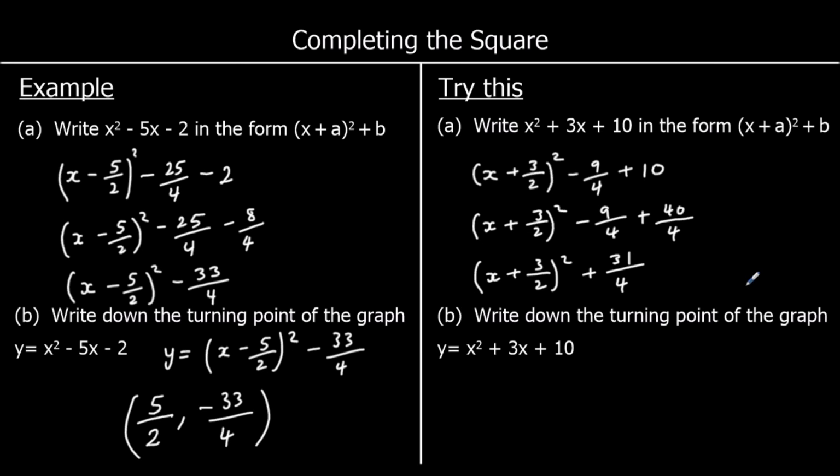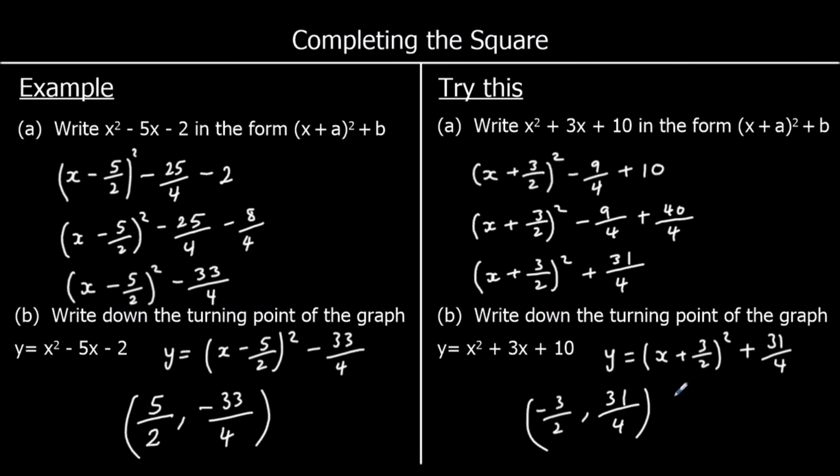And what's the turning point? So if y is x plus 3 over 2 squared plus 31 over 4, to make the bracket 0, x is minus 3 over 2. And if x is minus 3 over 2, y will be 31 over 4.